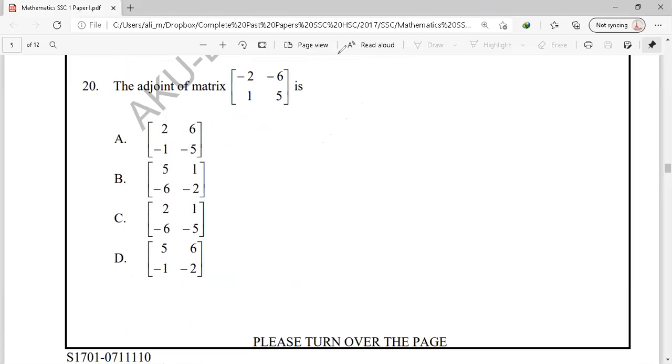Next, question number 20. In this question, we have to find the adjoint of this matrix. So, if we can recall the method of finding the adjoint of a 2 by 2 matrix, the method is such that we interchange the diagonal elements, while for the upper and lower diagonal, we change only the sign of these elements.